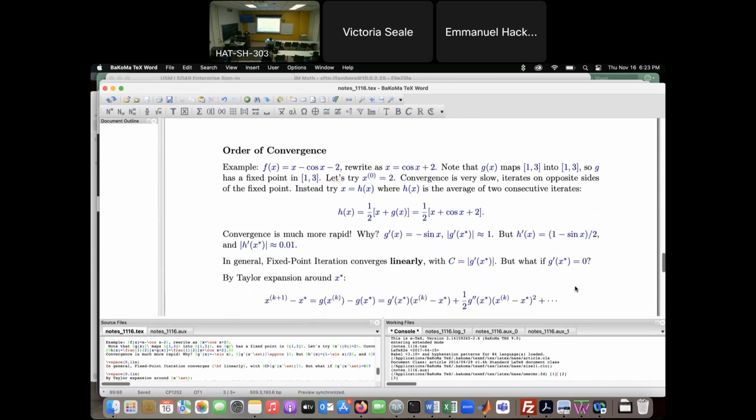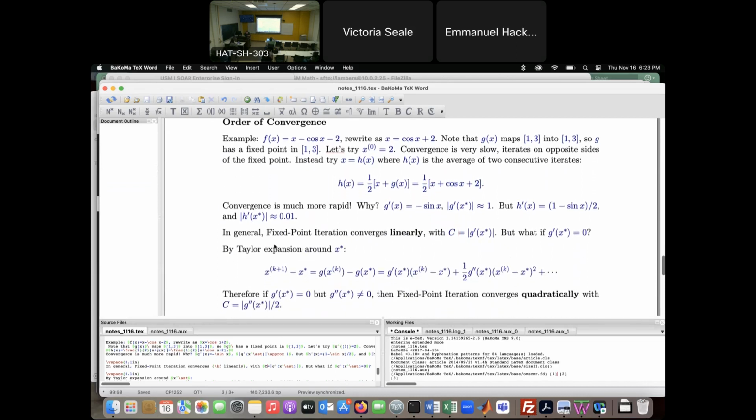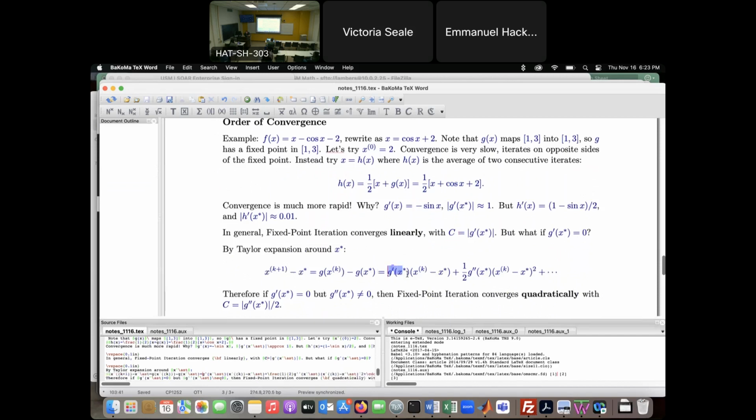Well, we take a Taylor expansion to find out. So if I repeat what I did last time, x_{k+1} minus x star is the same as g of x_k minus g of x star. By Taylor expansion, I get this term involving the first derivative, and then plus 1/2 times the second derivative times (x_k minus x star) squared, and it would continue.